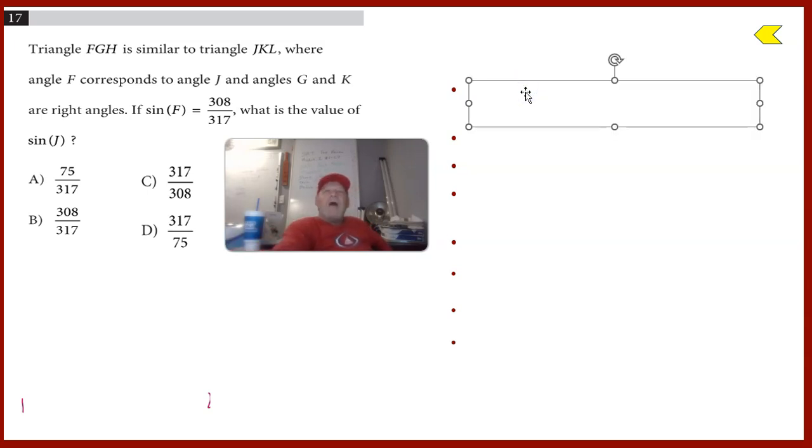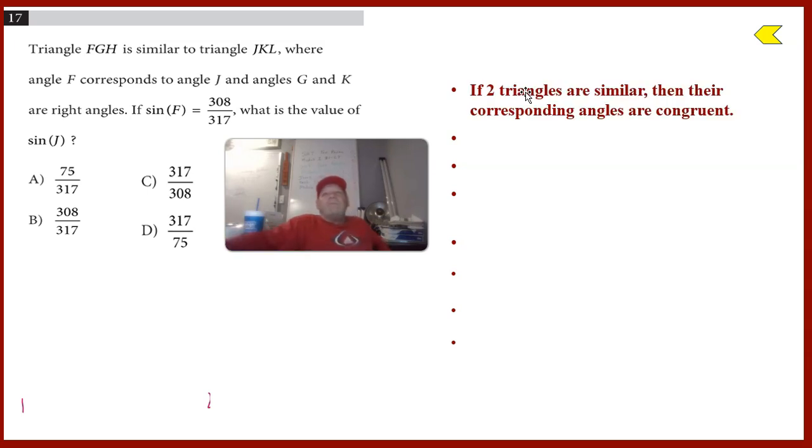So you have to know something about corresponding angles in similar triangles, and you have to know something about the sine function. So if two triangles are similar, then their corresponding angles are congruent. Well, it says that F corresponds to J, and we know that's true because see how F is the very first one listed and J is the first one listed.